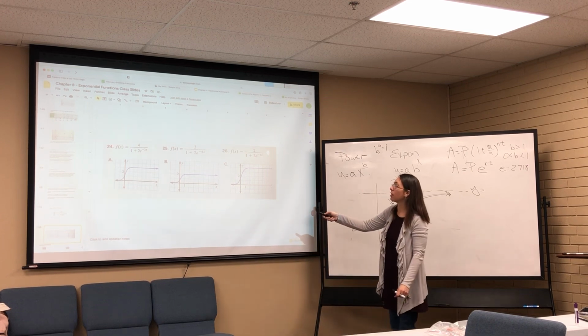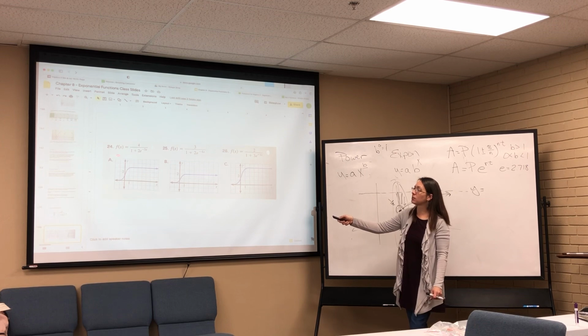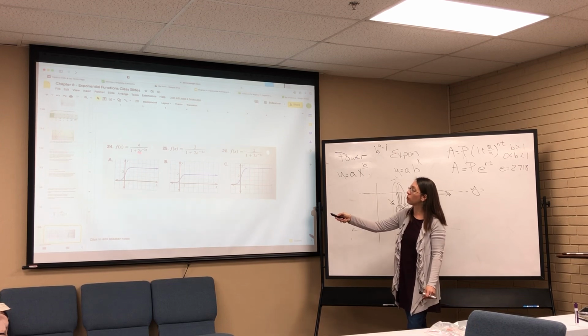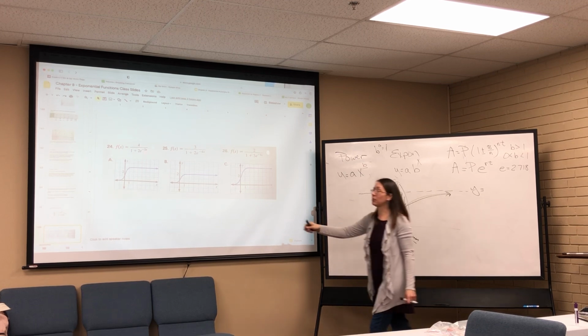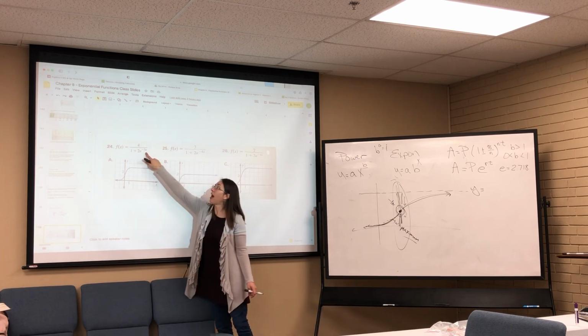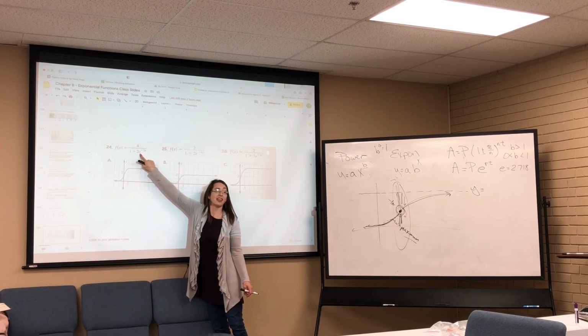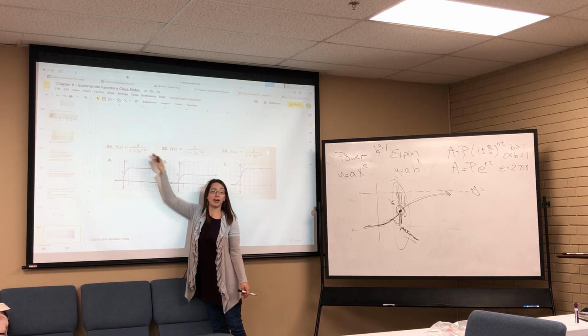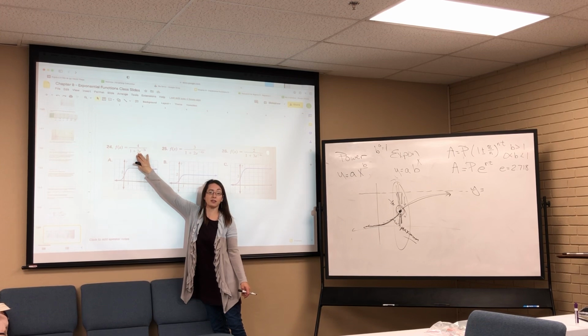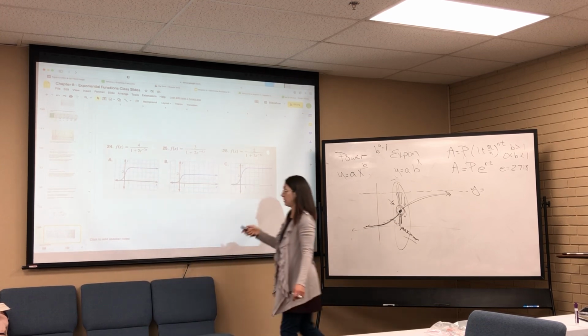Because if I know that my turning point is found at y equals 2 on this one, I would need to plug in 2 and solve for x, and x is in an exponent, which means to solve for this x, I have to use natural log. All right, do we see how now that we have a value, we would need to use our toolkit to find our x value? Got it?